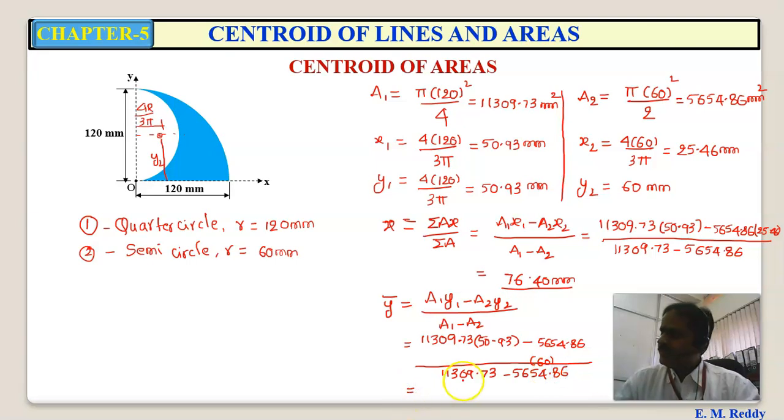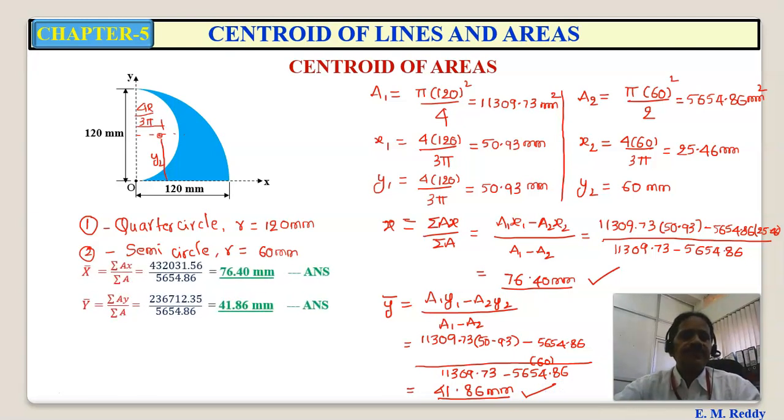Solving this, you are going to get 41.86 millimeters. So you have X bar and Y bar. Understood? So these are our answers.